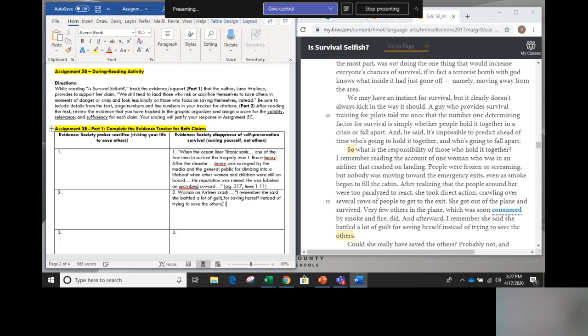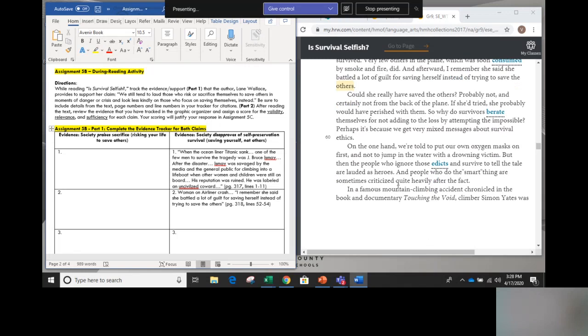Okay, and that is from page 318, lines 52 to 54. So that's something talking about how society has kind of made this woman feel as if she was guilty for saving herself and not other people.